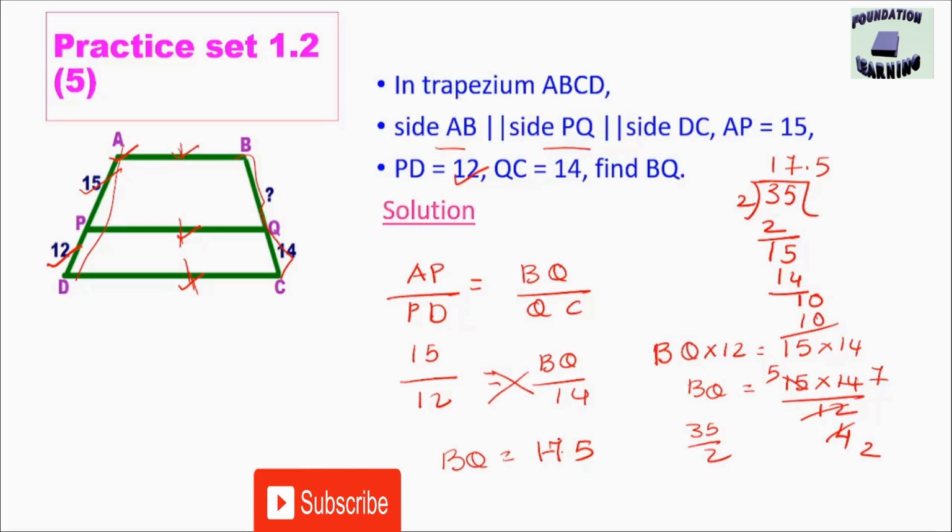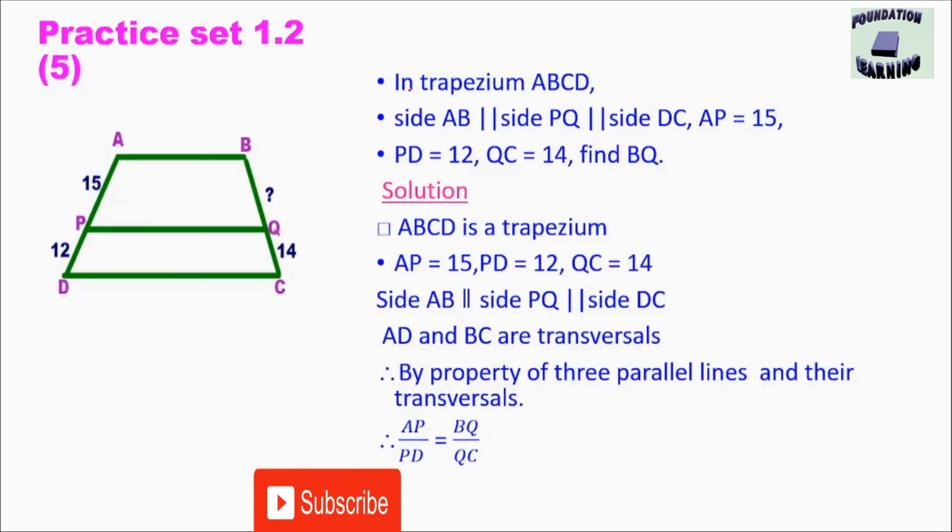So let's see clearly. In trapezium ABCD, AB is parallel to PQ, parallel to DC. The value of AP is 15, PD is 12, QC is 14, and we have to find BQ.